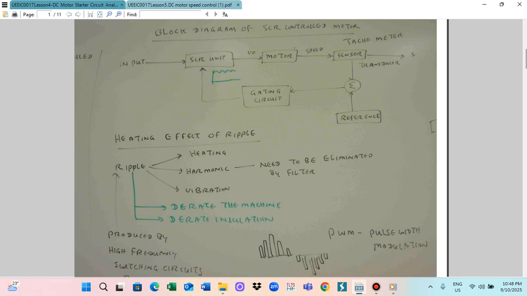So this is the typical speed control system. This is the block diagram of the SCR control model.